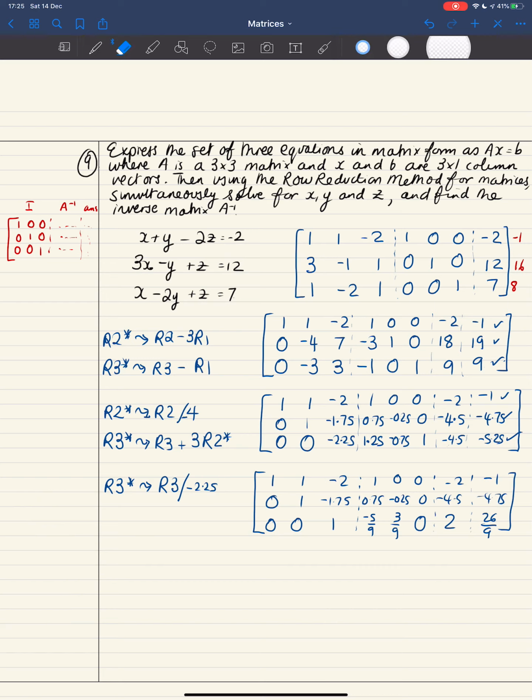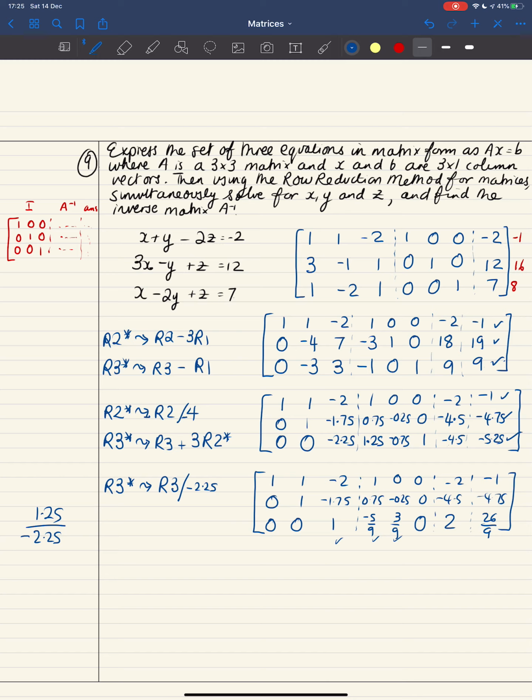One of them I think's gone wrong somewhere. So it's divided by minus 2.25. 1.25 divided by minus 2.25. 5 over 9. Agreed.